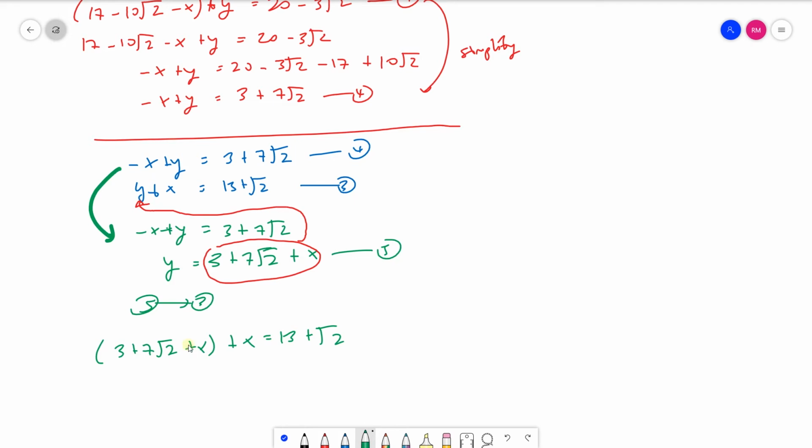So let's solve this. If I open brackets, it's going to be the same, right? I'll just write it first to avoid careless mistakes: plus x plus x equals 13 plus surd 2.